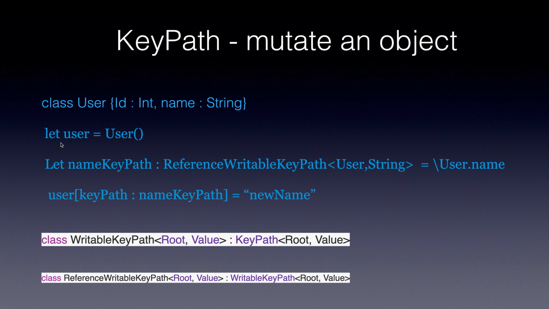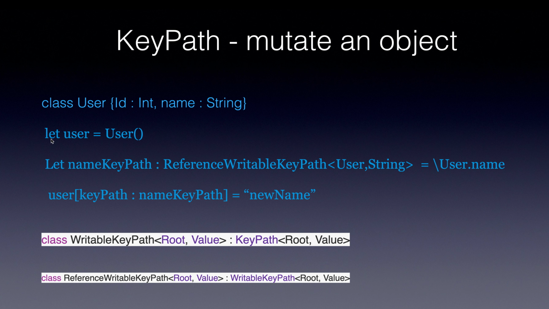To mutate the name property of this object, since it is created with the let keyword as a constant, the key path should be a ReferenceWritableKeyPath. If it is created with the var keyword, that is a variable, it can be a WritableKeyPath. It's not necessary to be a ReferenceWritableKeyPath; it can be a WritableKeyPath.